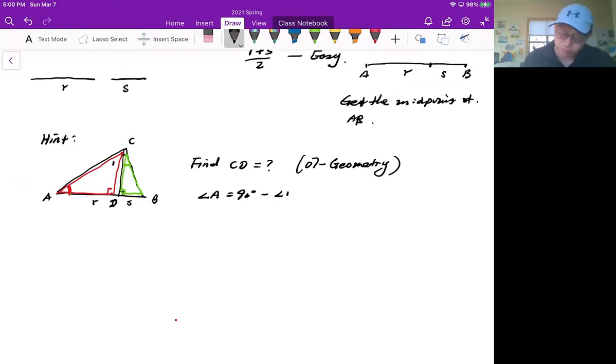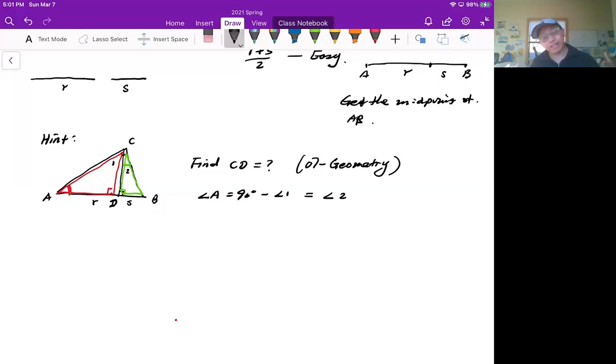So this is called angle 1. But at the same time, that's also equal to angle 2. Can you see that? So angle A is complementary to angle 1, and angle 2 is also complementary to angle 1. So that's why angle 2 and angle A are the same.